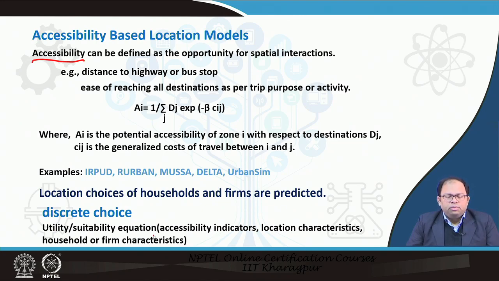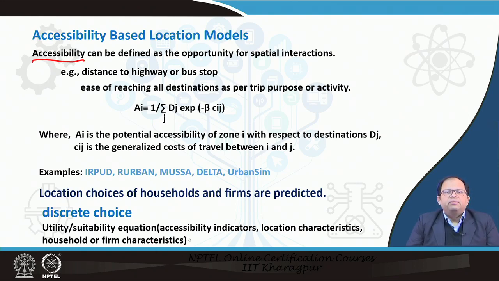The utility or suitability equation can include many parameters. One of the major parameters is accessibility. Then it could be location characteristics of that particular area, meaning the land use characteristics, the density and so on, and then household or firm characteristics, that means the individual characteristics of the entity which makes the decision. The characteristics of that entity also play a role in determining the utility of that particular choice for that entity.